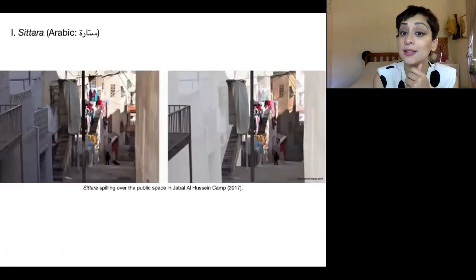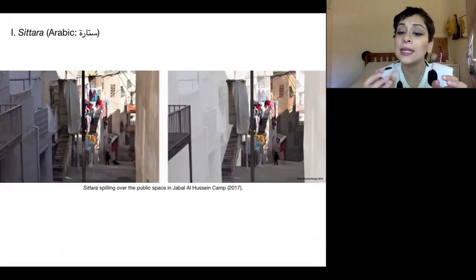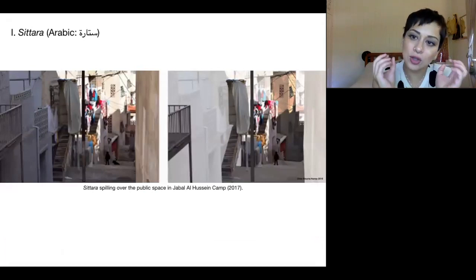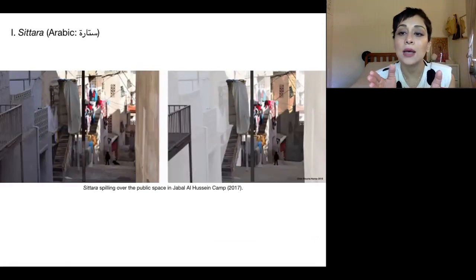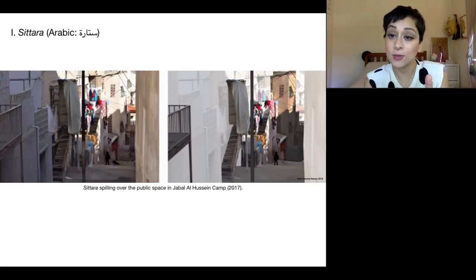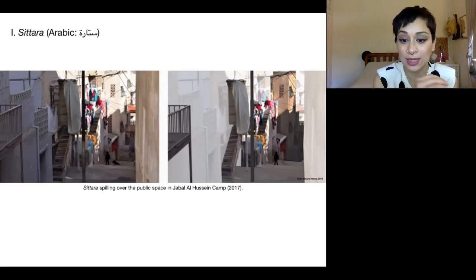One is the sitara. Sitara in Arabic means drapery or curtain. Also it can mean, and this concept is very specific to Middle Eastern culture, the in-between space between the outside and the inside, the semi-public space that is like a vestibule.